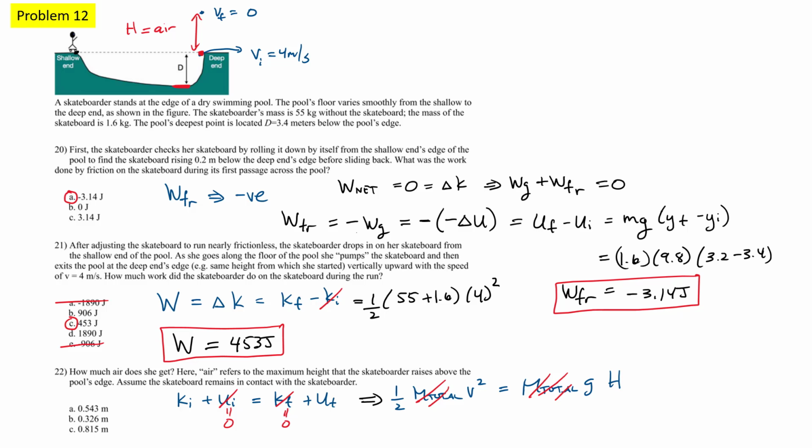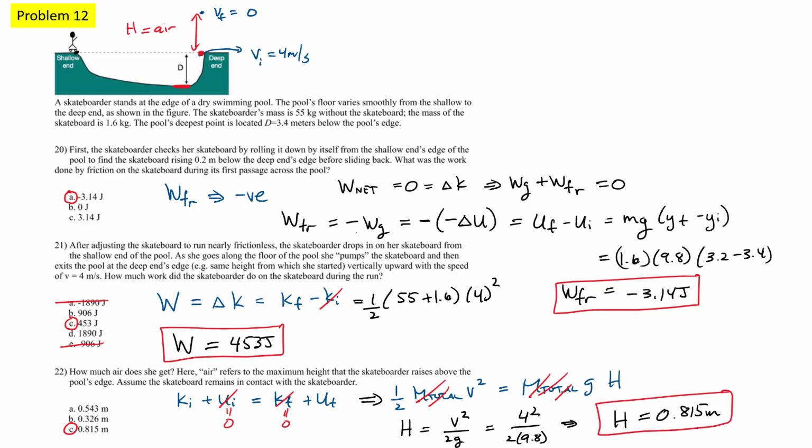Now all you want to do is solve for H. So you get H is equal to V squared divided by 2 times little g. We substitute our numbers: 4 squared divided by 2 times 9.8. And now we're going to get a final height of 0.815 meters. All right, and that corresponds to choice C. That would be how much air that skateboarder got. All right, kind of a nice problem.